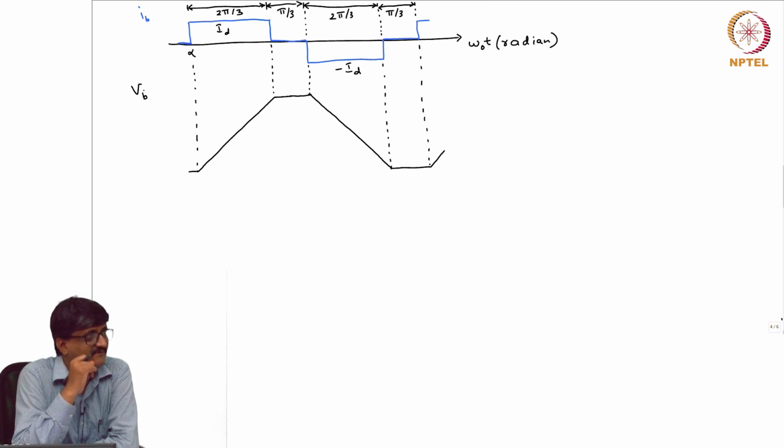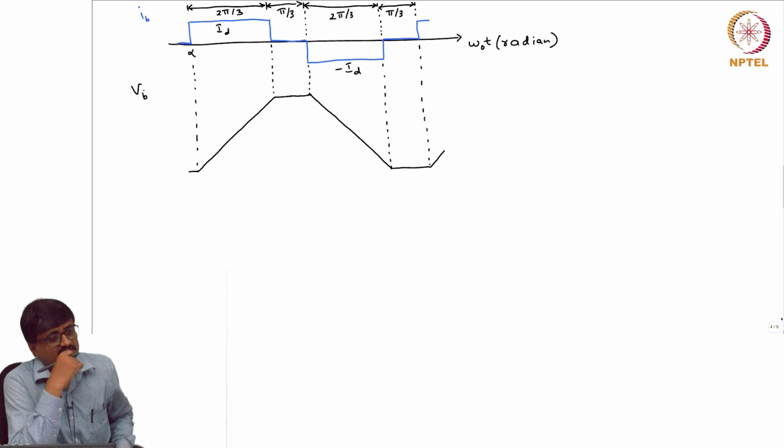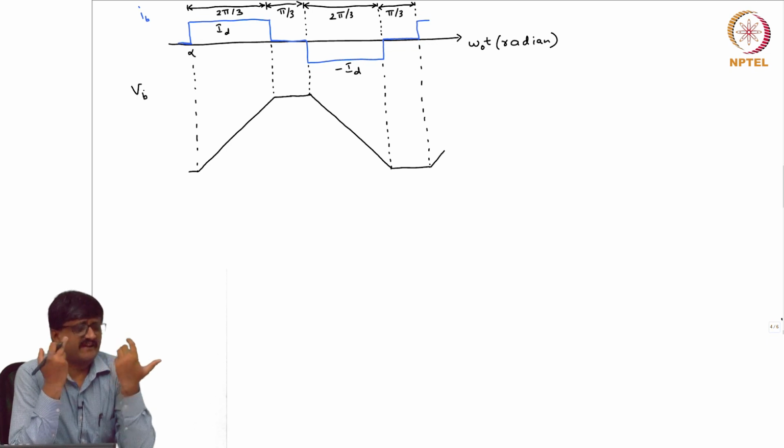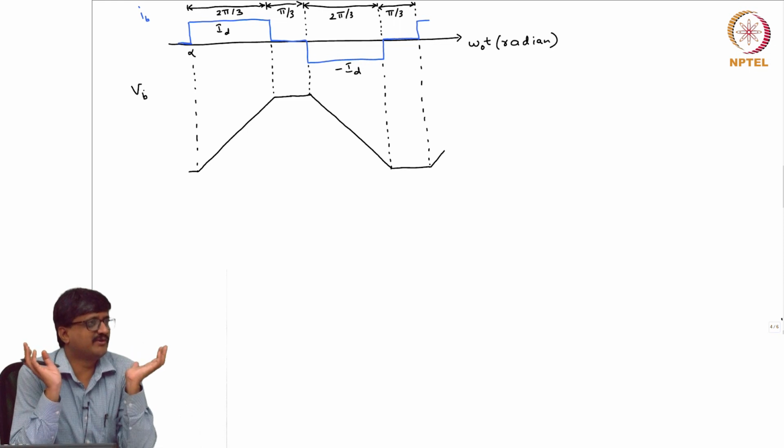Because IB has symmetry across the x-axis. But when I know the current through a capacitor, I need not worry about anything else in the circuit.